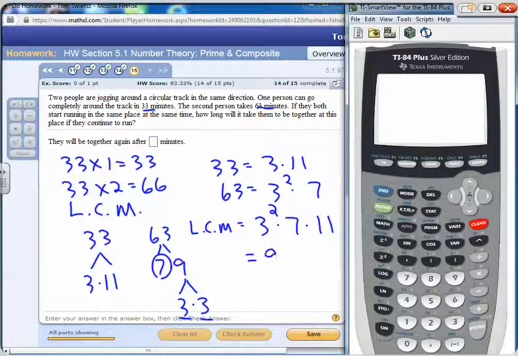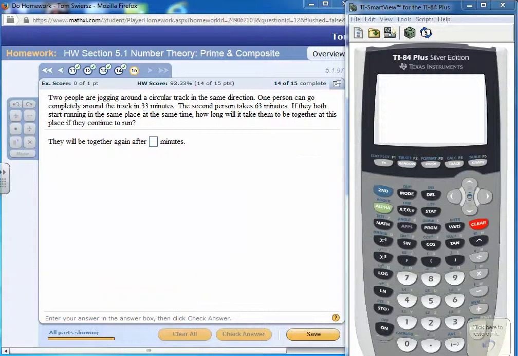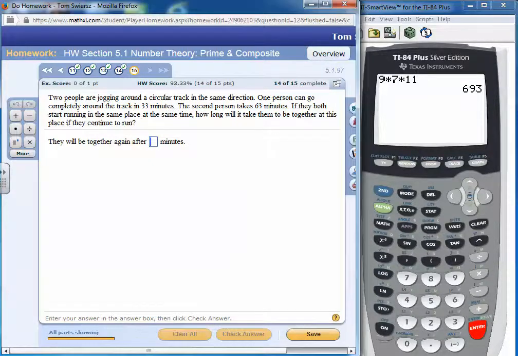So 3 squared is 9 times 7 times 11. We can do that on our calculator, 9 times 7 times 11, and we get 693 minutes.